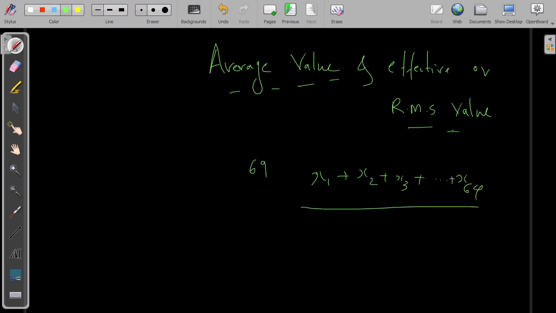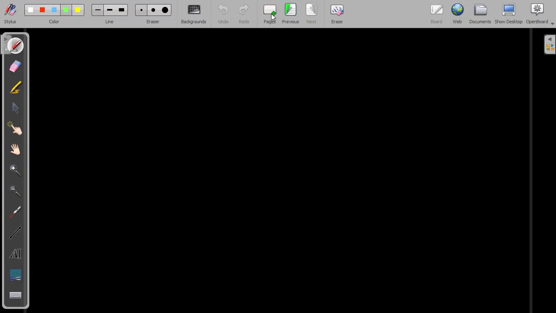We will add them, and we will divide that by the total number of students, that is 69, right? The same way we are finding the average value here. That means it is the sum of all the values divided by the total number of values.